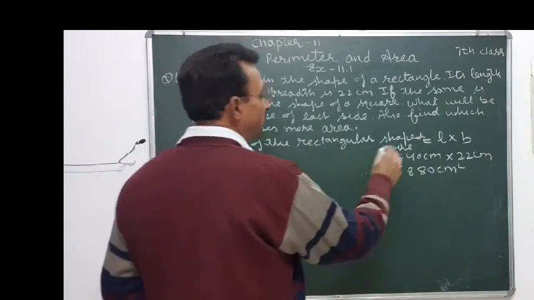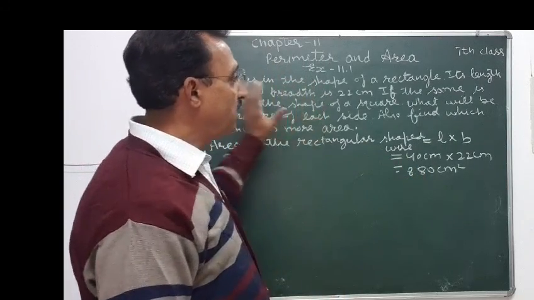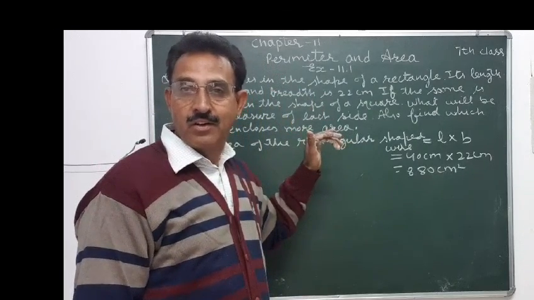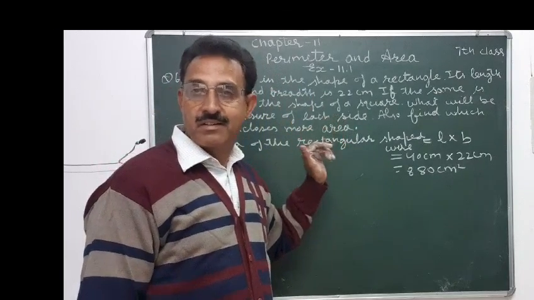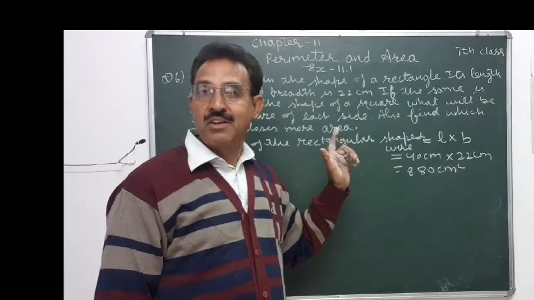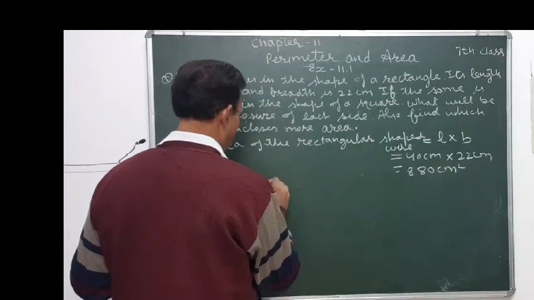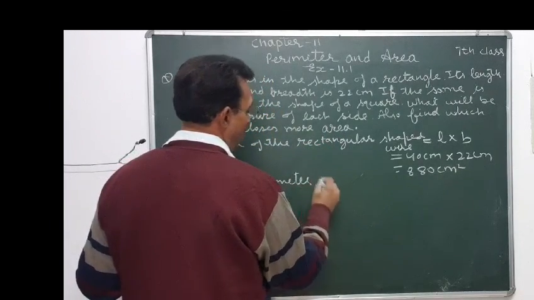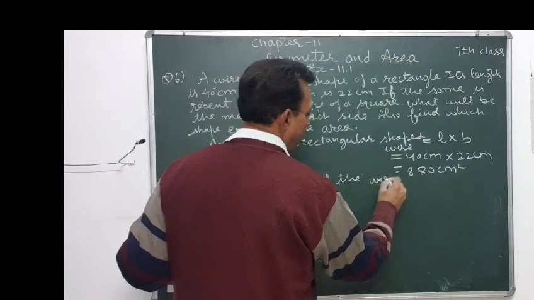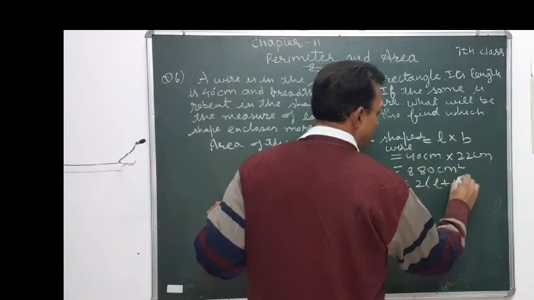Now, again, try to understand the statement. Now this wire is rebent to get the shape of a square. This means we need to find out the perimeter of this rectangular shape. So the perimeter of the wire is equal to 2 into length plus breadth.